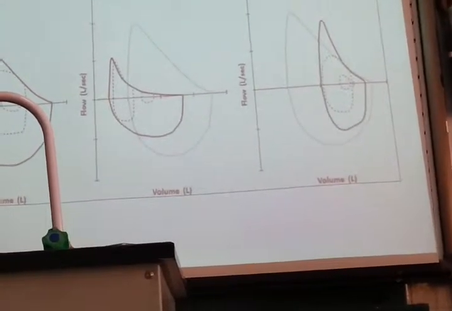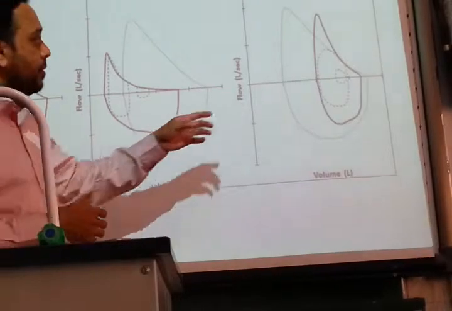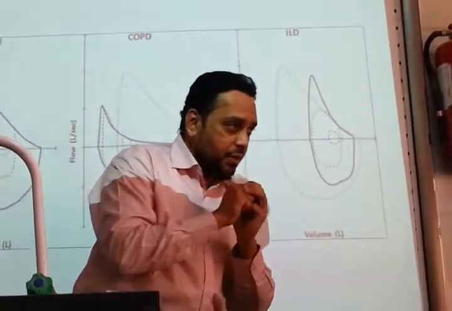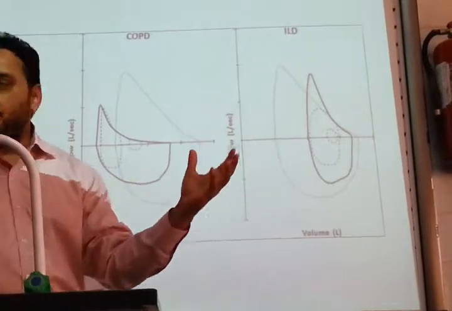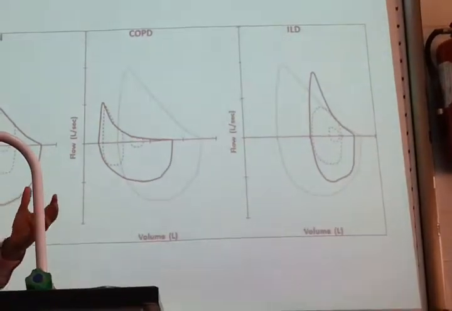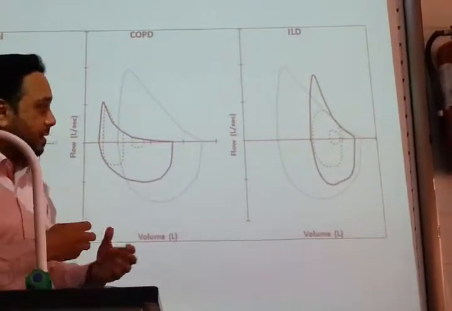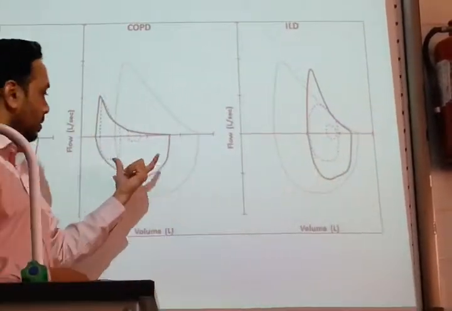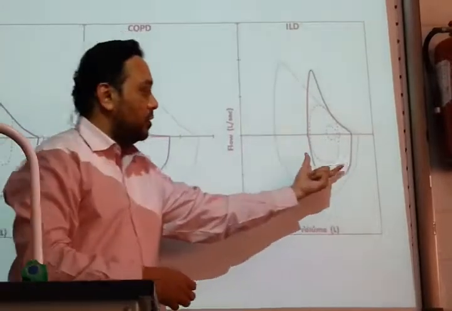Now let's see about restrictive, which is interstitial lung disease, which is restricting the expansion of the lungs. So when air is trying to come in, you see this is the normal. The shape here is changed. See this shape and see this shape.